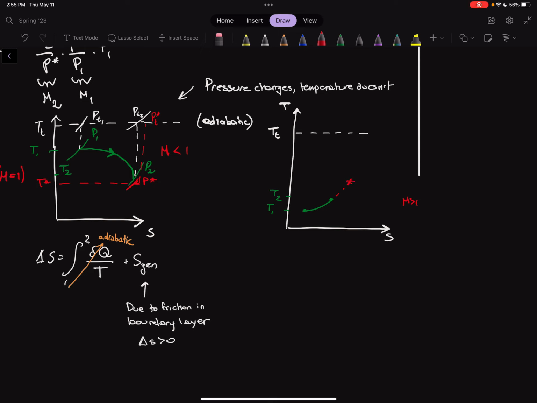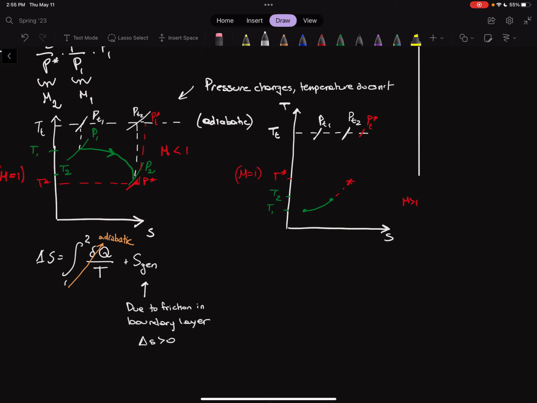And again, you can see here that I would have PT1, here PT2, and here PT star, as well as here I have P1, here I have P2, that's my isobars, here I have P star.